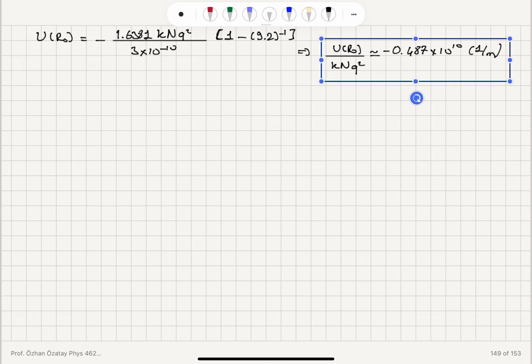So this is the answer for the zinc sulfide, zinc blende structure.